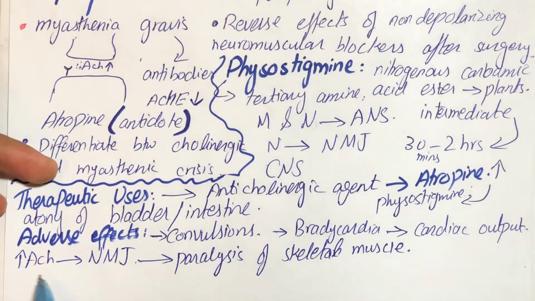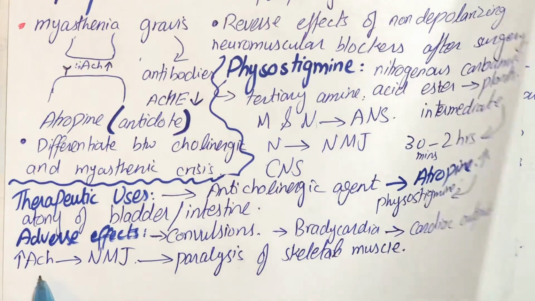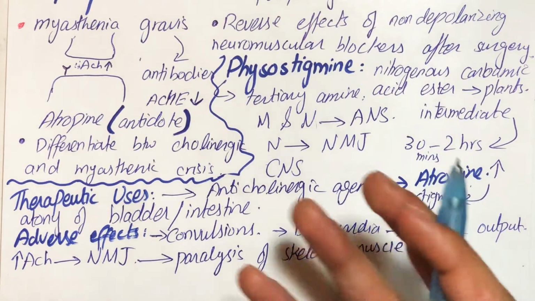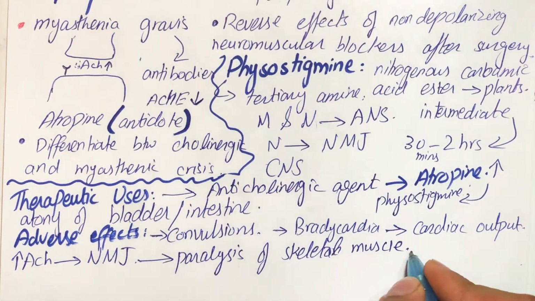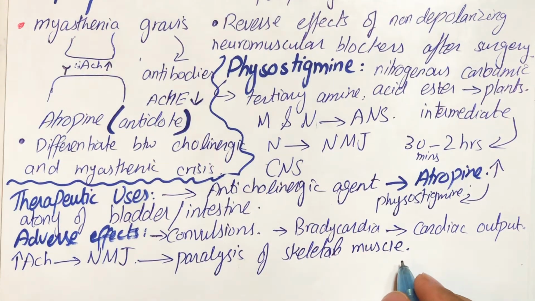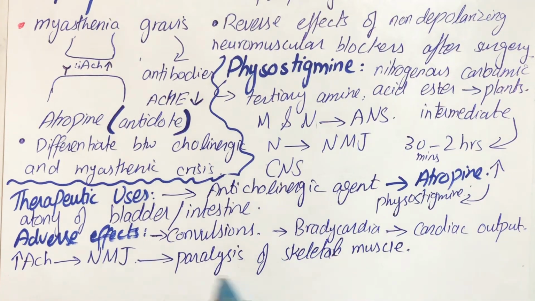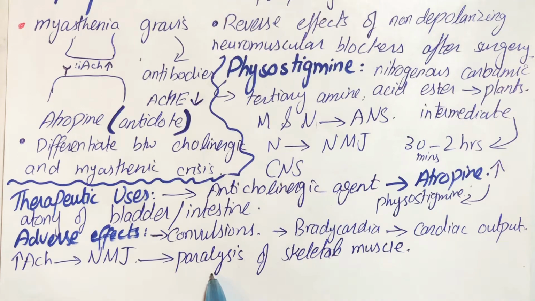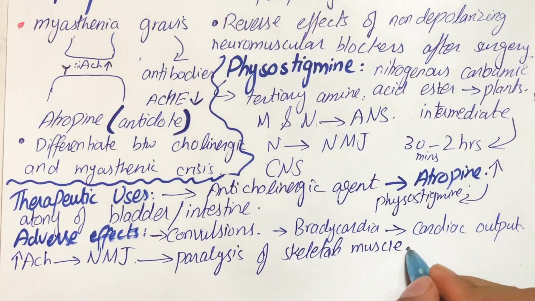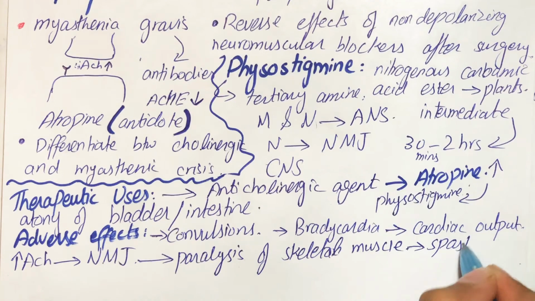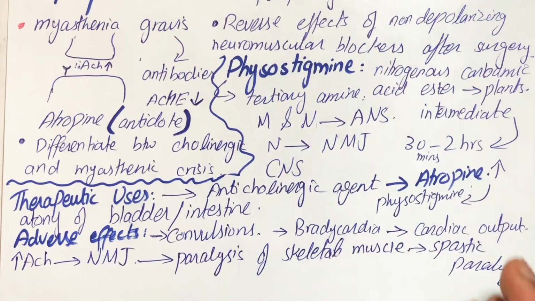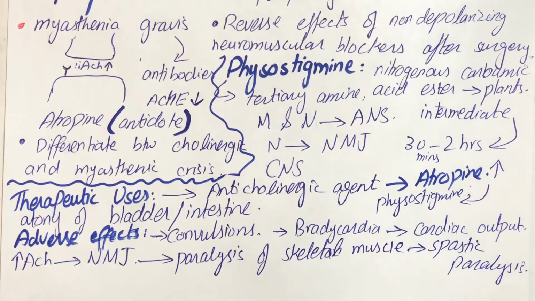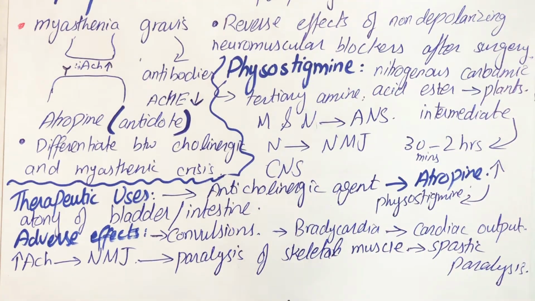But when there is overpresence of acetylcholine, there is much more contraction than required. So there will be more contractions of skeletal muscle, which will lead to paralysis of skeletal muscle. What is the kind of paralysis happening over here? It is actually spastic paralysis, in which there is excessive contraction of skeletal muscles.